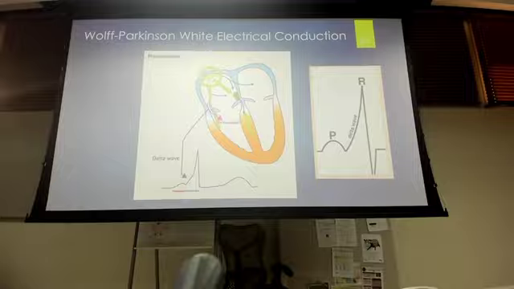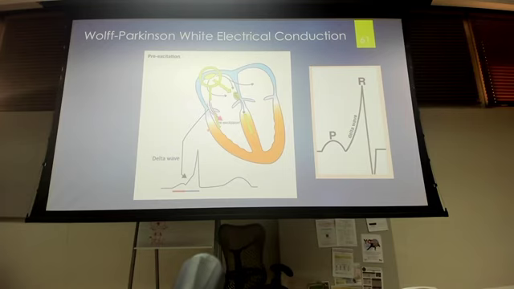That is still occurring, but some of those depolarizations are also going down through that accessory pathway, whether it be on the right or on the left. So we've got depolarization going here, and we've got depolarization coming down here. When that happens, we now have an issue. The issue is that our ventricles are no longer depolarizing at the exact same rate.